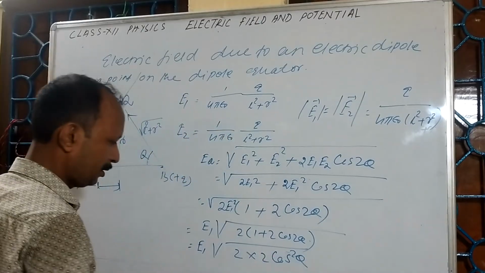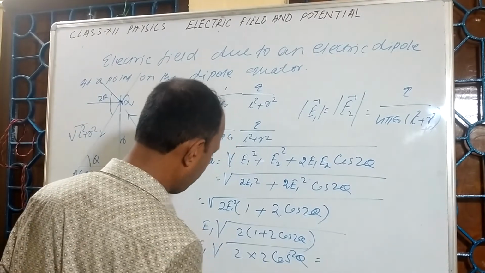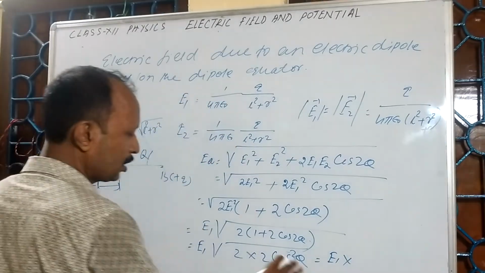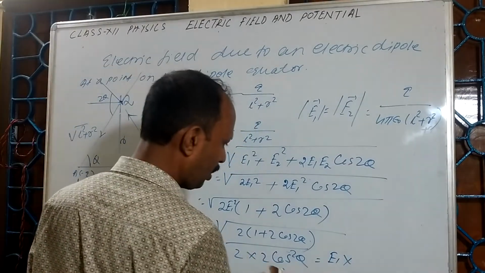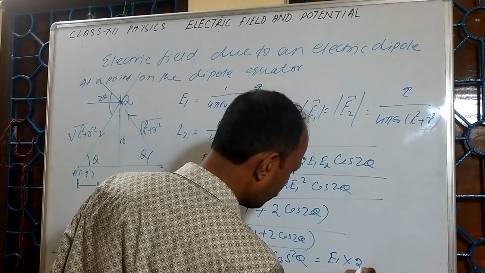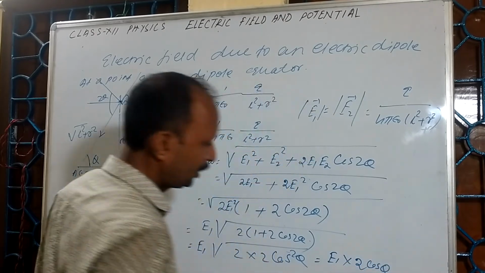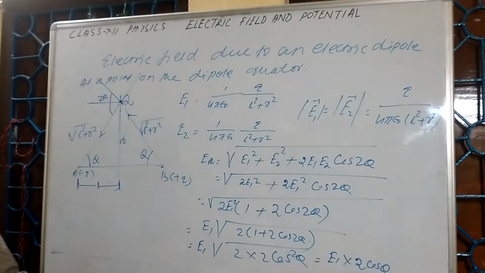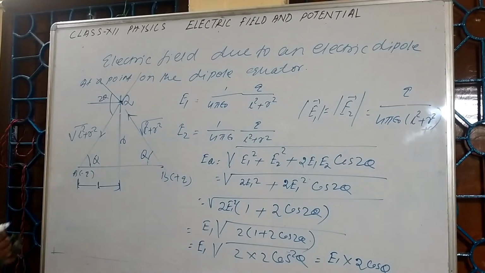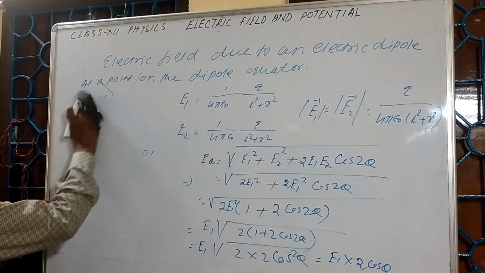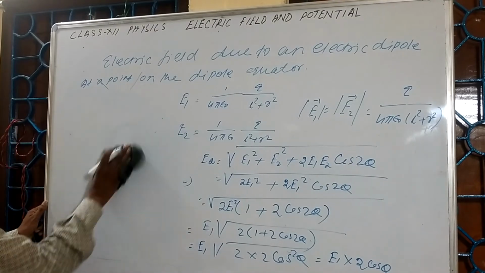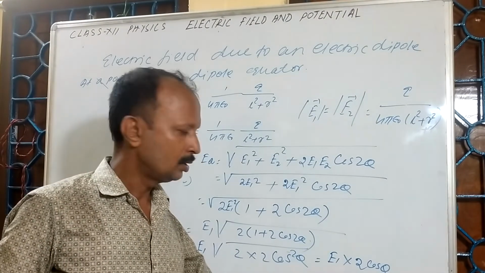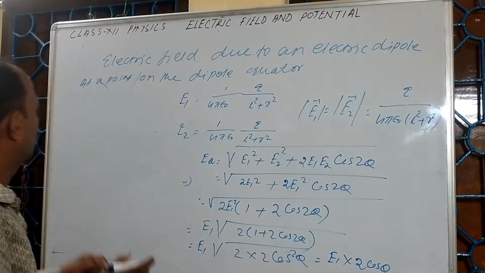That means this is equal to E1 into 4 cos square theta, or I can say E1 into 2 cos theta.